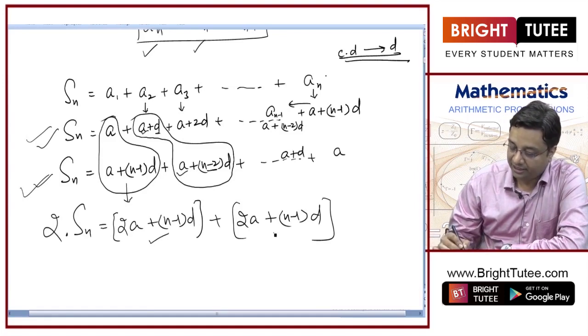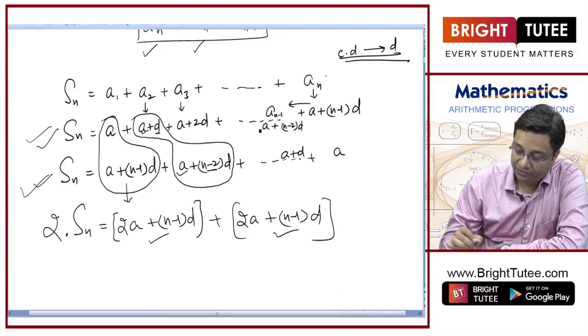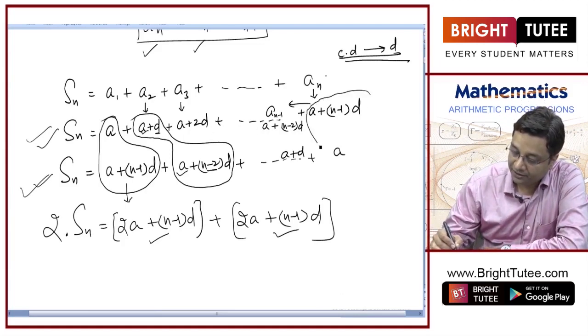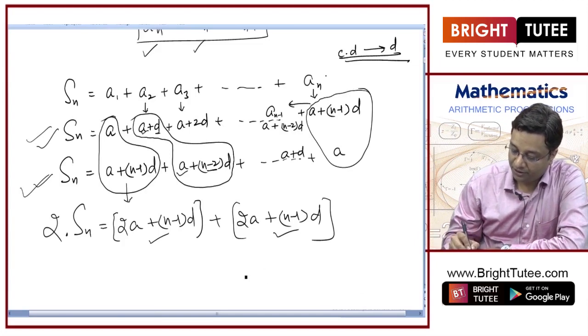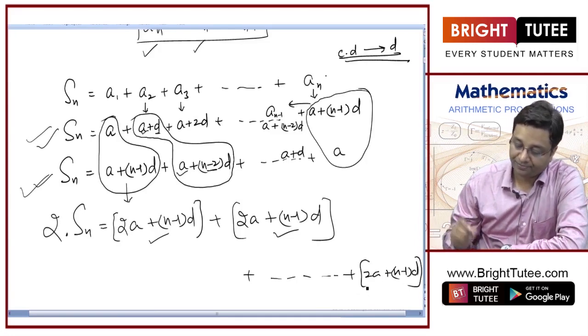So this again gives me 2a plus (n minus 1) into d, and this will happen for each and every corresponding term. For the last term you can see it will again give you 2a plus (n minus 1) into d, right?